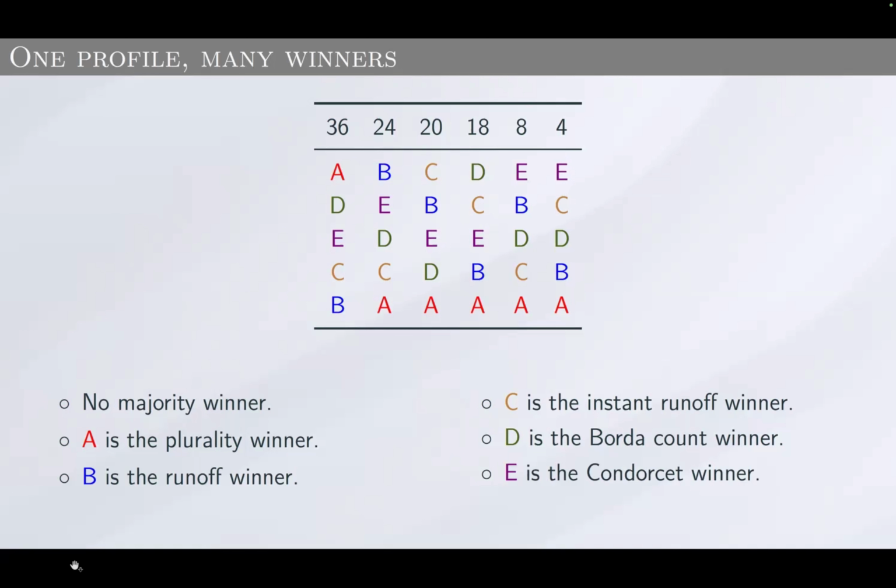If you are someone who's trying to implement voting reform somewhere in your town or country or state, this is a nightmare, because it would be nice from that point of view if all these methods agreed and always produced the same winner. Then you don't have to worry about it. Just use any of them, and you don't have to worry who the winner is.